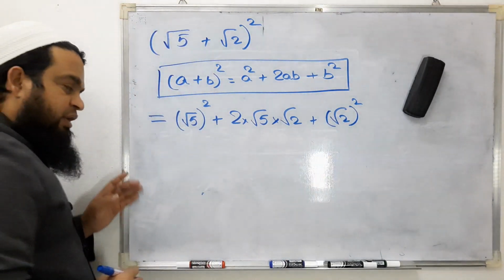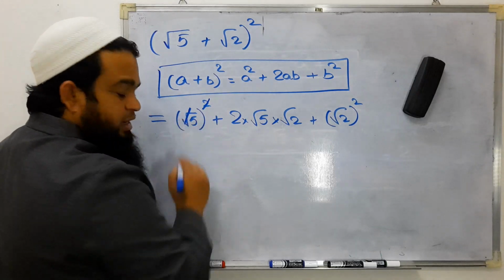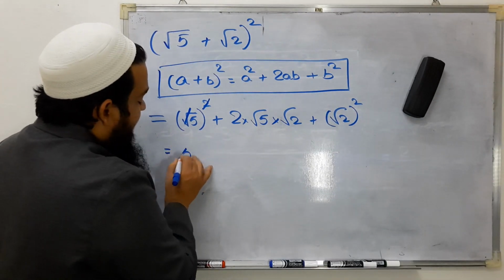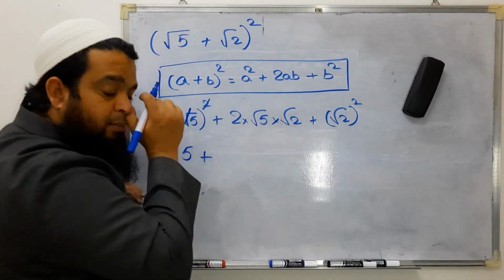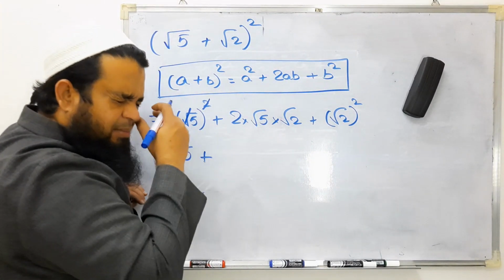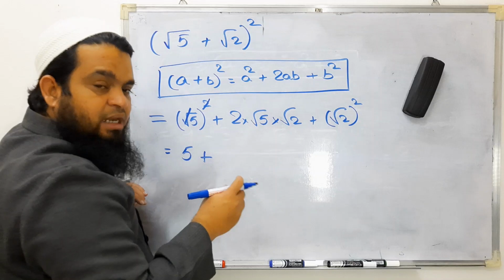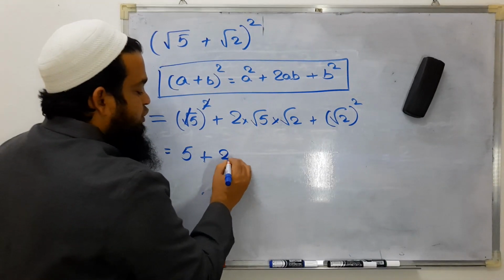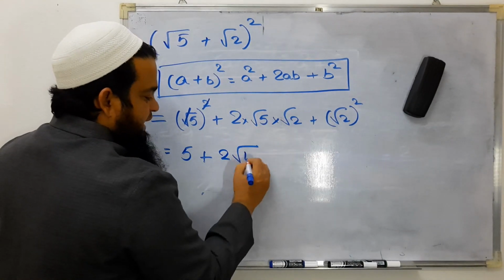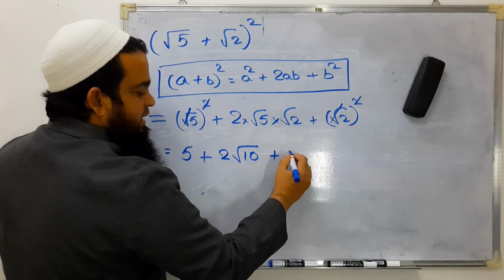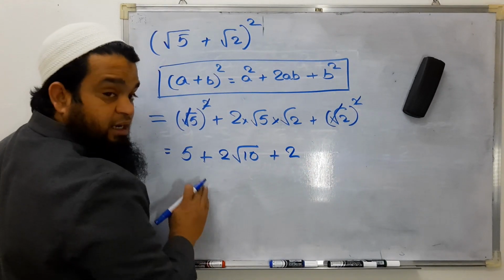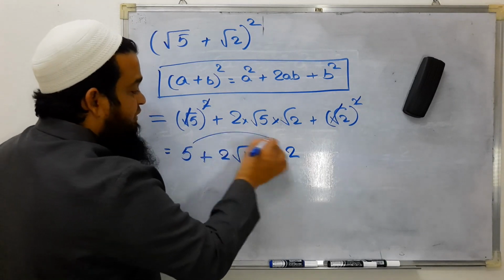Now, as we know, root and square get cancelled. That equals 5 plus 2 times, when two roots are getting multiplied, you can directly multiply the numbers inside one common root. So 2√10, plus here also square and square root get cancelled, it's 2. Now there are two like terms, what are they? 5 and 2.